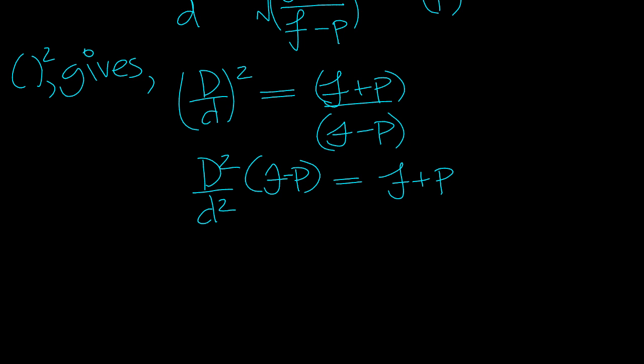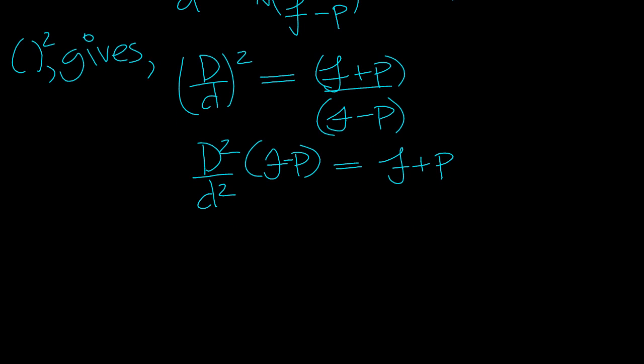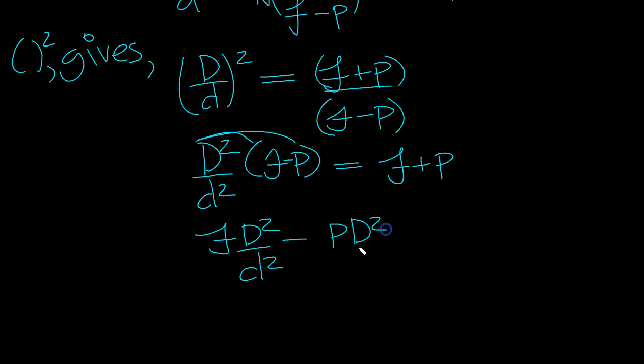Now I want to collect for p, don't we? Which looks awkward, so I need to expand this bracket now. So f D squared over lowercase d squared minus p D squared over d squared equals f plus p.